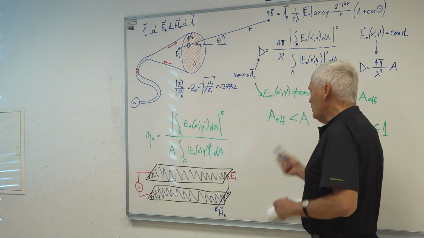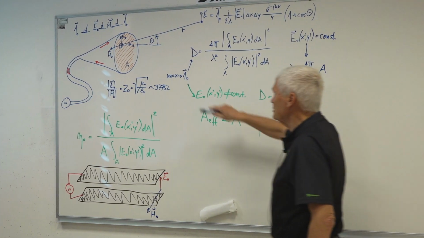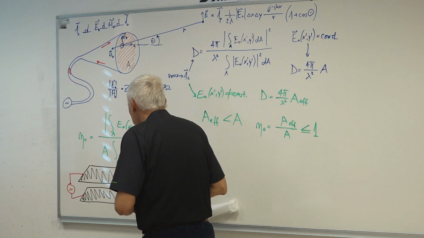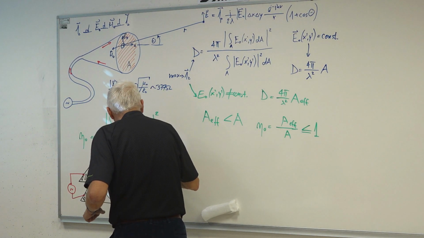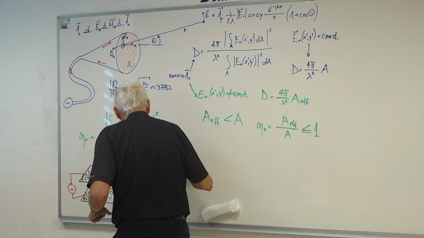So in this way we can generate such a field. This device is actually called a TEM horn, Transverse Electromagnetic Horn Antenna.